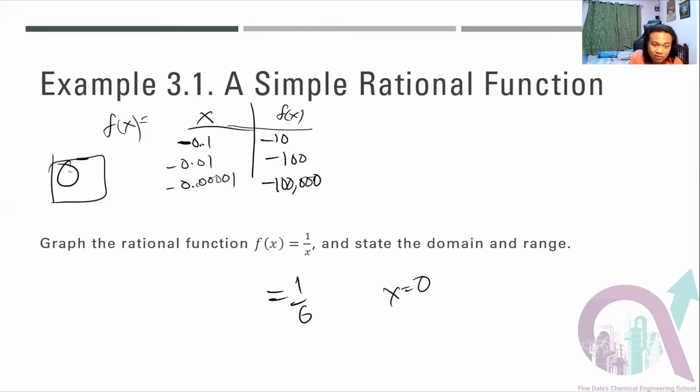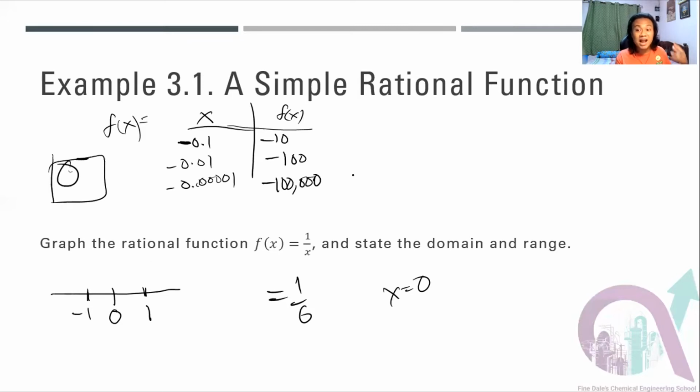As you can see, if we approach 0 from the left, meaning negative 0.1, negative 0.01, negative 0.001, padulo siya sa 0 from the left. Okay? So, para masabtan ninyo.